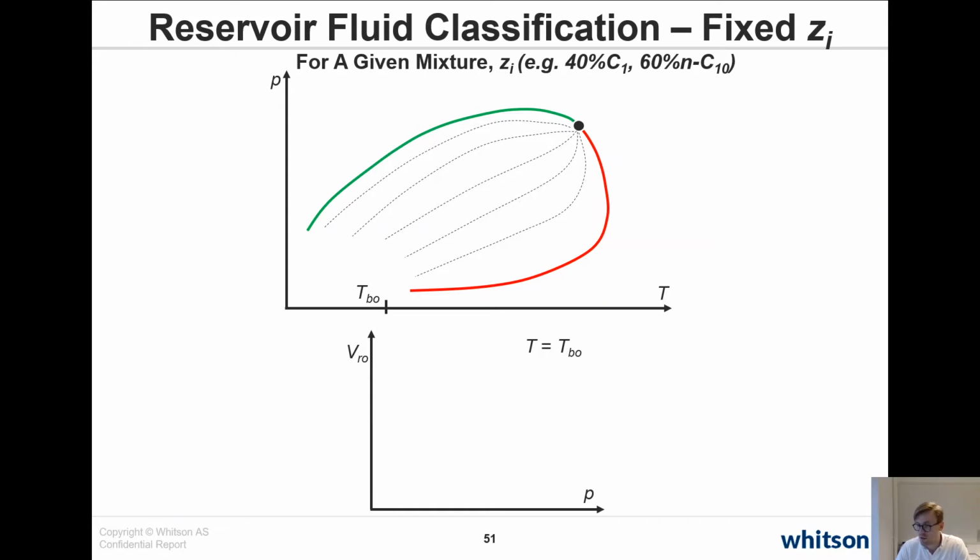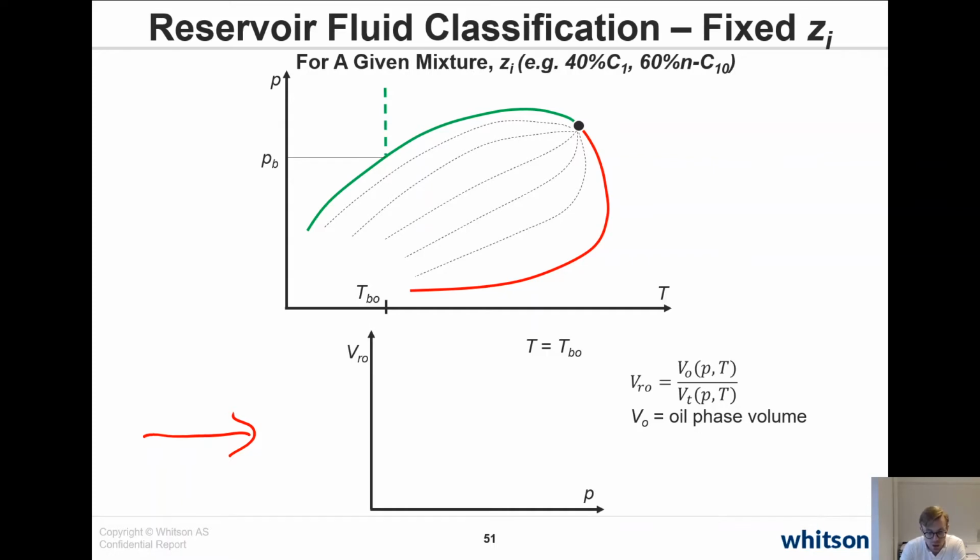It's a binary mix, but it's just a mix of different components. And this particular liquid relative volume plot is the plot that we see here. It's defined as the volume of oil divided by the total volume at that particular pressure and temperature.